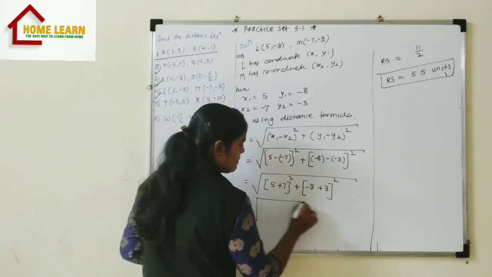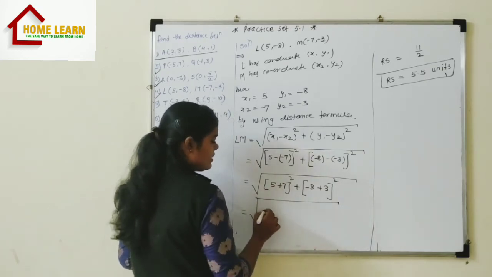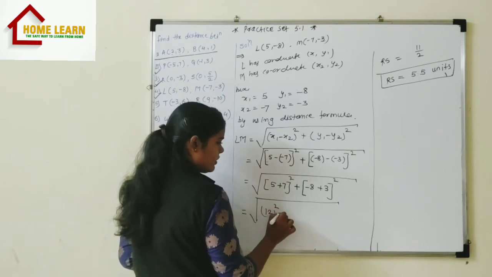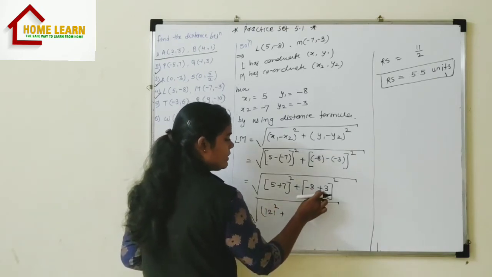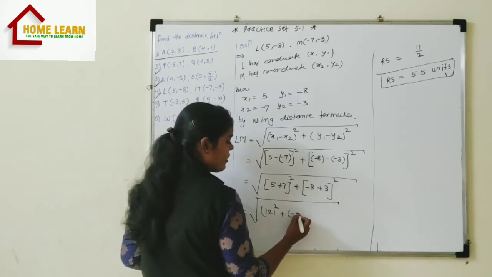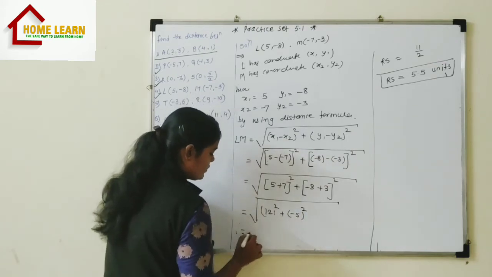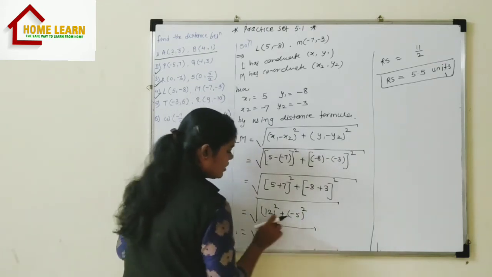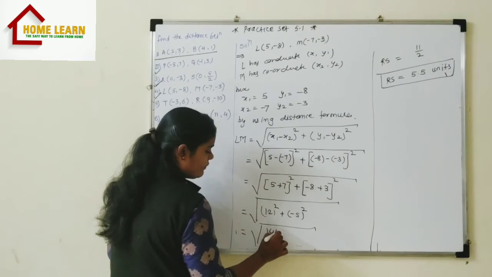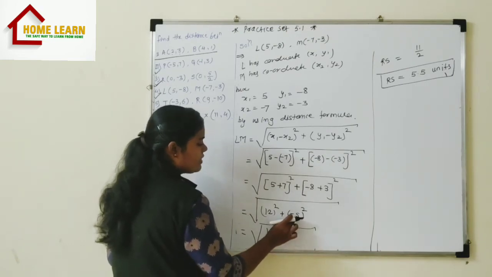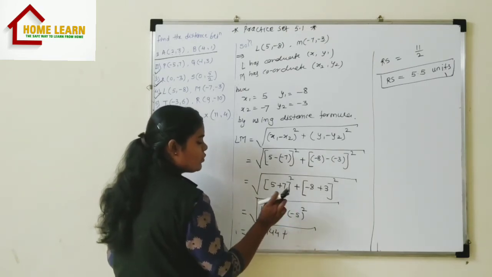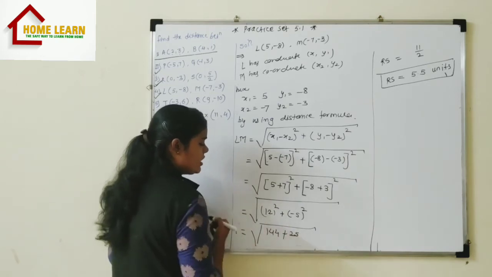After solving the brackets, 5 plus 7 is 12 squared, and here -8 plus 3 is -5 squared. Now see what the squares are. 12 squared is 144, plus 5 squared. The negative number has a positive square, so write here 25.